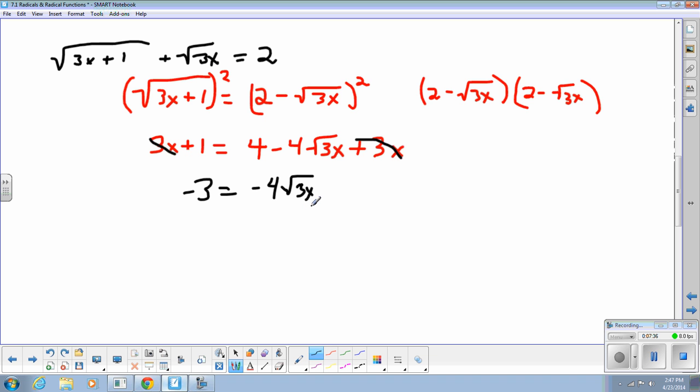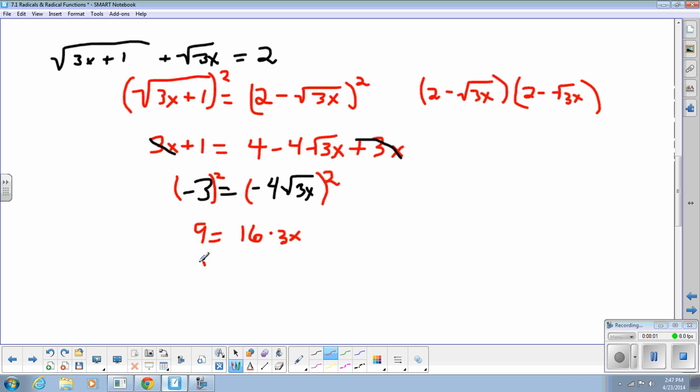At this point, I can square both sides of the equation. So I'll square again, because I'm going to remove this other radical on the right side. Negative 3 squared is 9 equals negative 4 squared will be 16 times this 3x, because then if I square the square root of 3x, I have that.